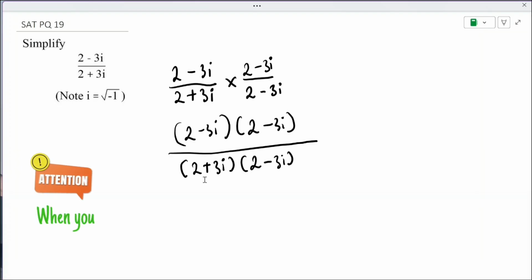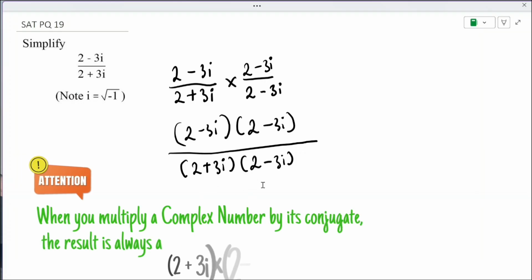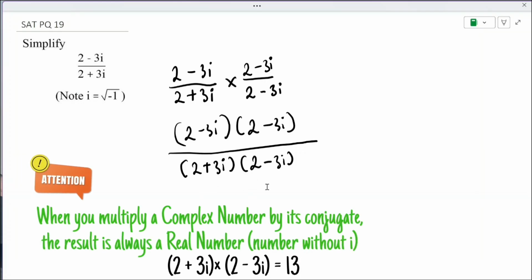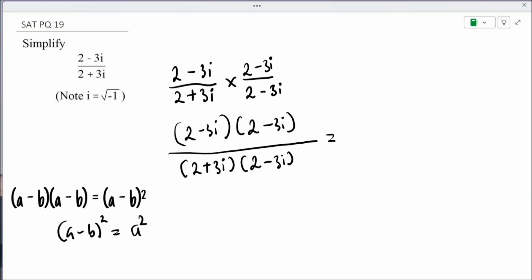Note that when you multiply a complex number by its conjugate, the result is always a real number. That in itself can be a question in the exam. Let's start with the numerator. If you're very good with expansion, noting that what is in the first bracket is the same as what is in the second bracket, which is the same as having a minus b all squared, this results in a square minus 2ab plus b square.